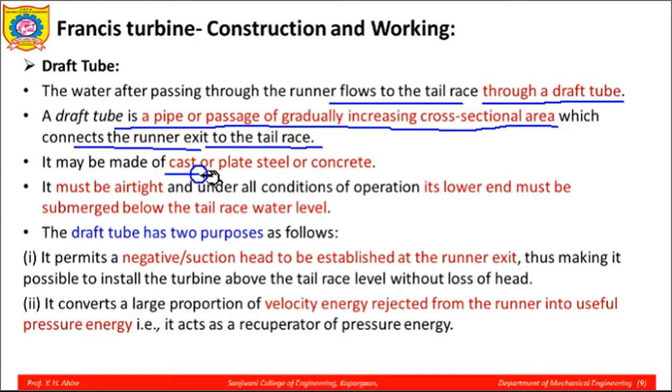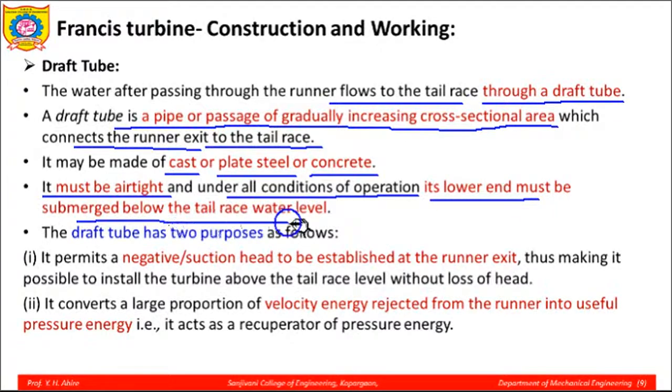It is again made up of cast steel, plate steel or sometimes concrete. Draft tube must always be airtight under all conditions of operation, and its lower end must be submerged below the tail race water level at all times.